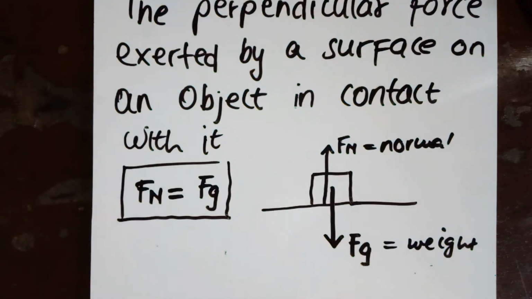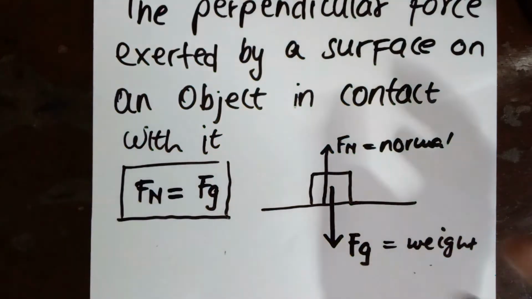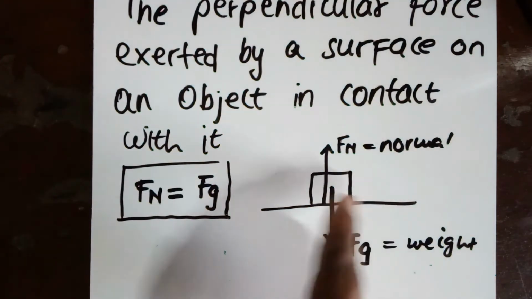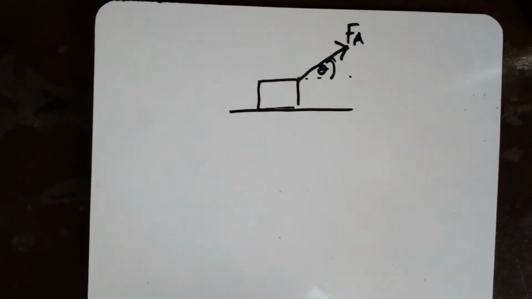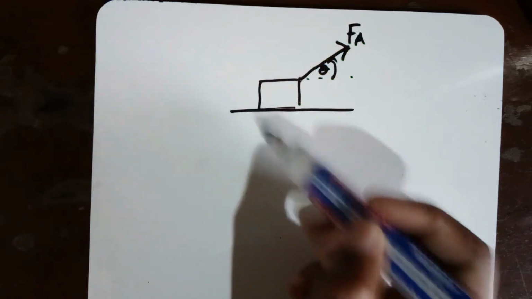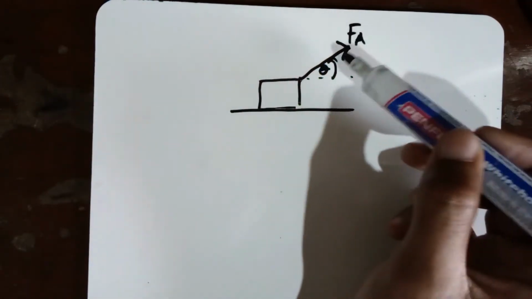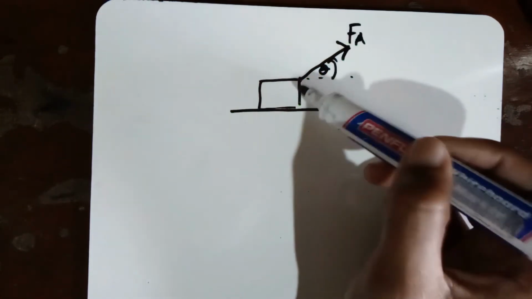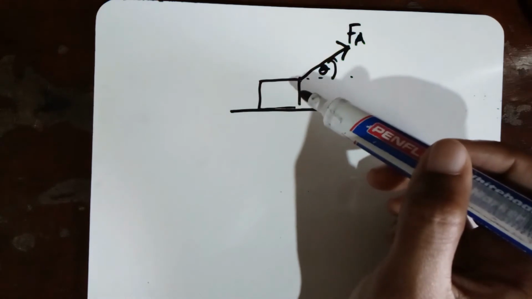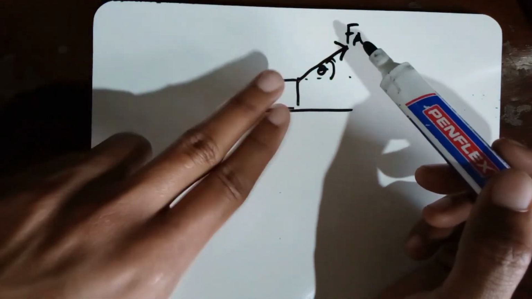So let us now consider a situation where we have an applied force on this object. Let us say we have this block, and there was another force, an applied force, applied to this object. So it's no longer only two forces that have an effect on this object.